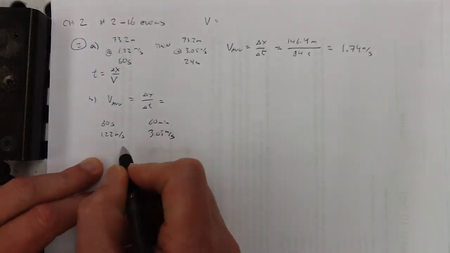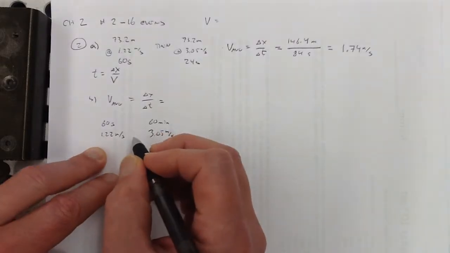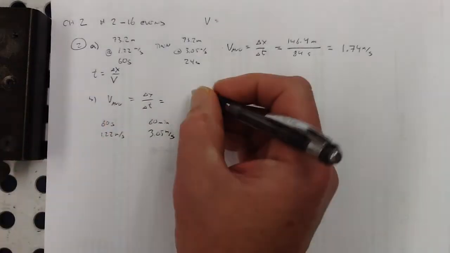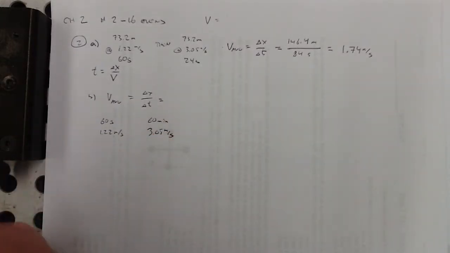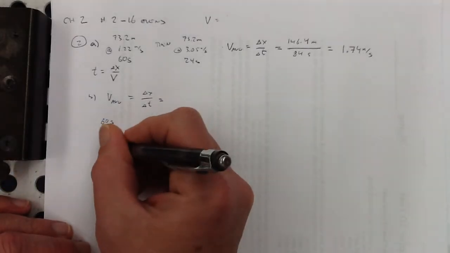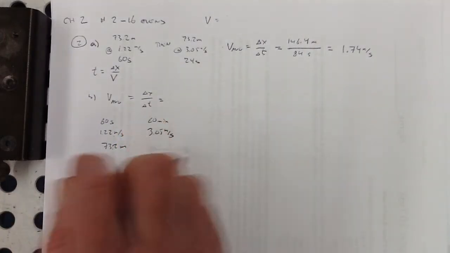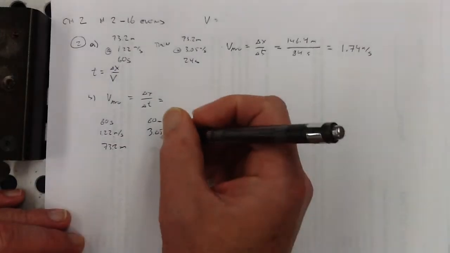All right, so let's see what we have here. We need to figure out how far, so we can get my total distance. So 60 times 1.22 is, hey, that's the 73.2. And 60 times 3.05 is 183, so that's different.